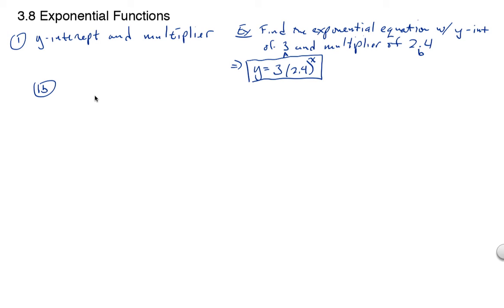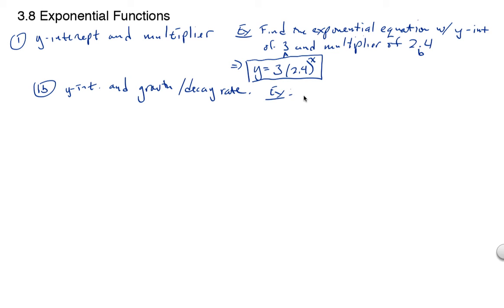Well, let's say we're given the y-intercept and a growth or decay rate. So let's say we've already done one with a growth rate, I think, with the 20% from the previous problem. So here's our example.